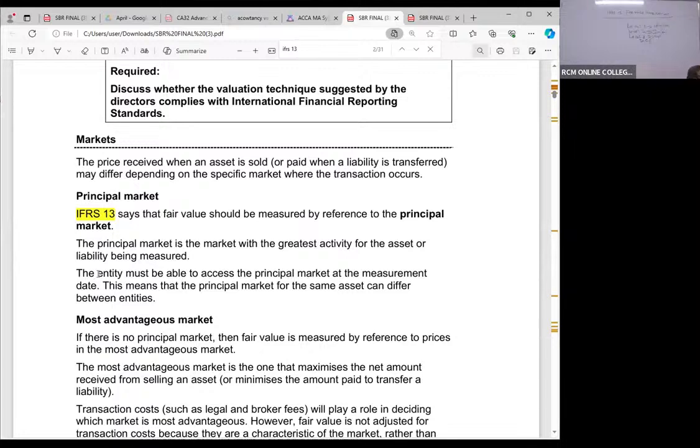Then we have the most advantageous market, where you're going to get the biggest benefit, where your net selling price will be highest. If there is no principal market, then fair value is measured by reference to prices in the most advantageous market. The most advantageous market is the one that maximizes the net selling amount. Now there is a disclaimer.